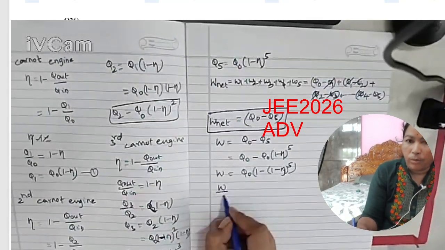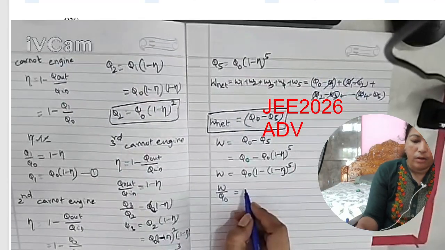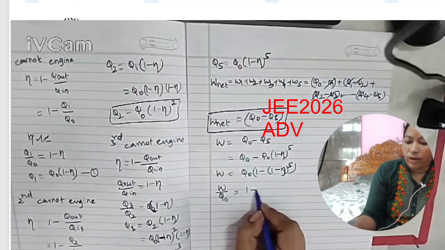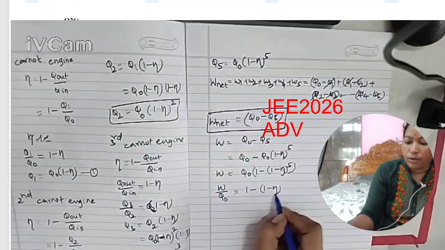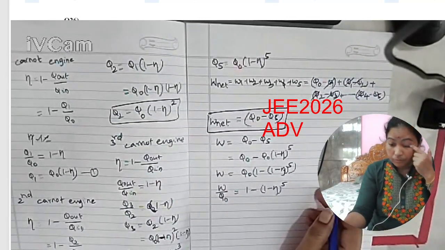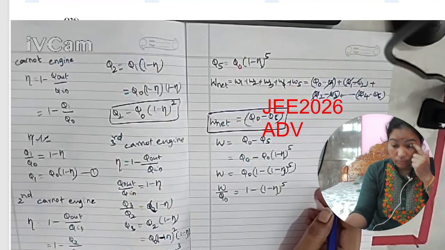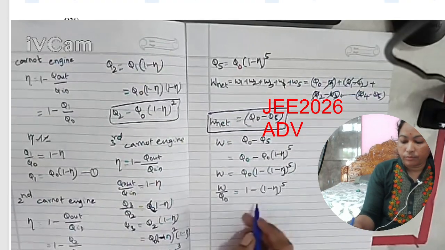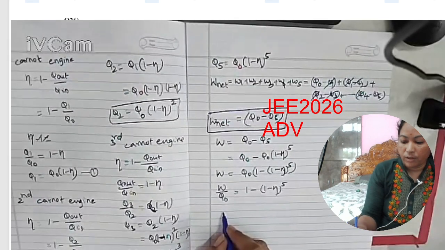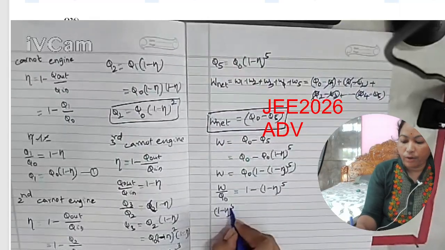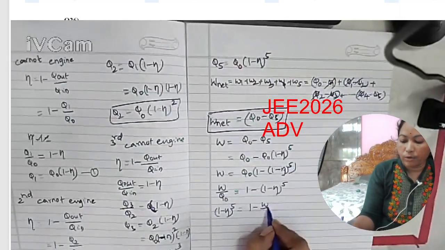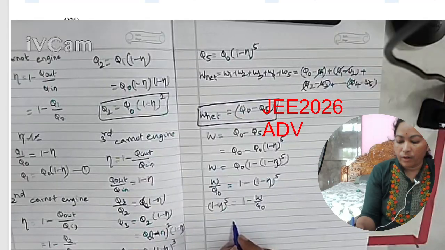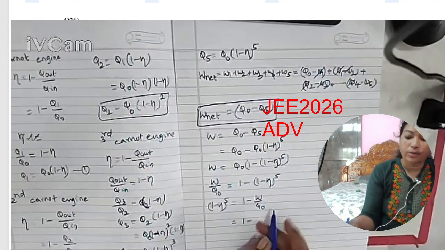From this, W by Q naught is equal to 1 minus (1 minus eta) to the power of 5. From this, you can get (1 minus eta) to the power of 5 is equal to 1 minus W by Q naught. Here is the value of W by Q naught they have given.